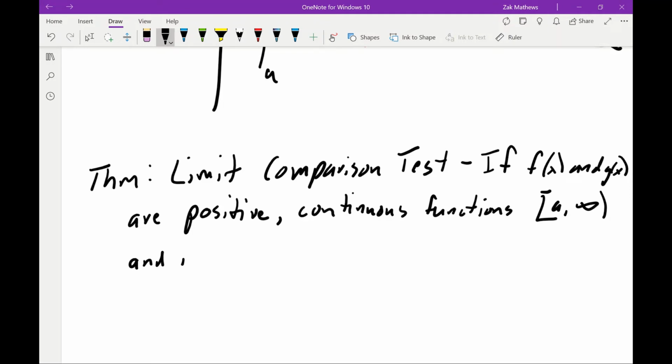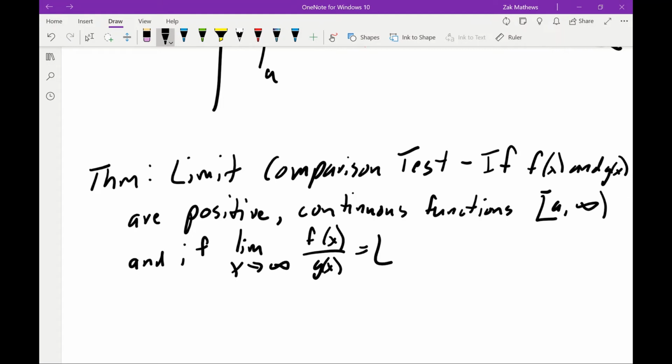And if the limit as x goes to infinity of f of x over g of x is equal to, let's say, some L value, I'll call it L for limit value.